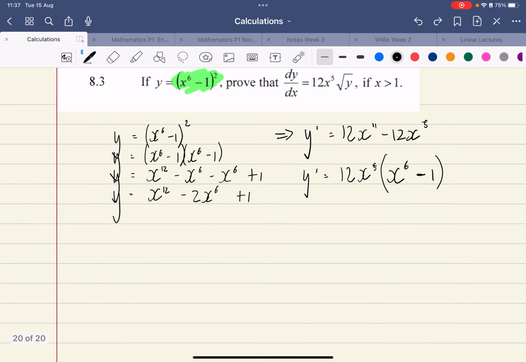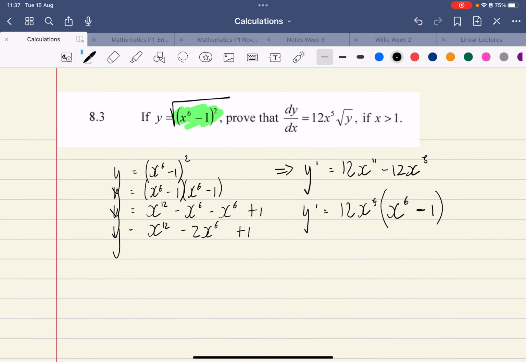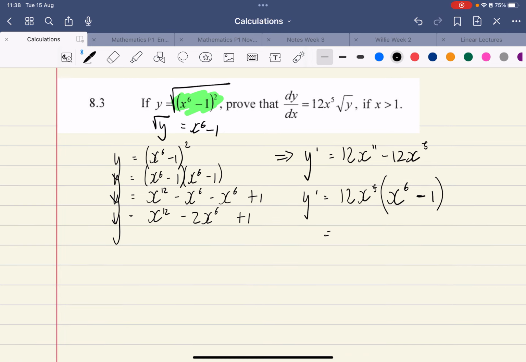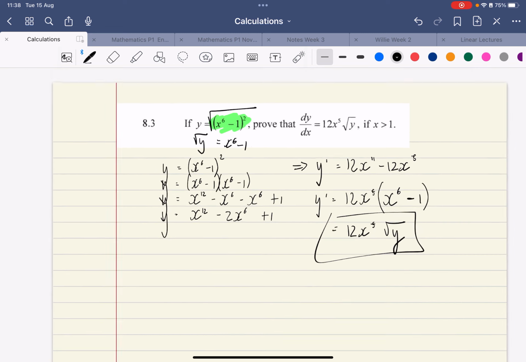I found that if I took the root of (x to the power of 6 minus 1) all to the power of 2, I'd then be left with root y equals x to the power of 6 minus 1. And x to the power of 6 minus 1 is exactly what I have here. So I subbed in root y, hence proving the answer that they came to.